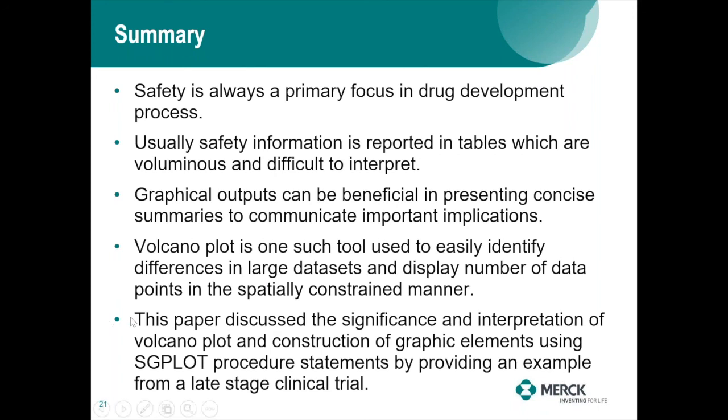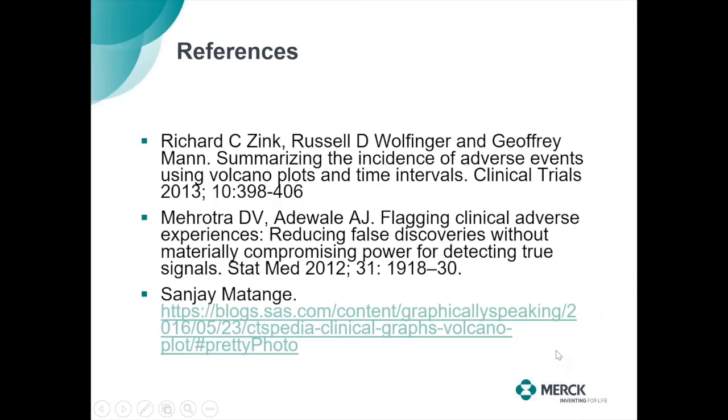In this paper we discussed the significance and interpretation of the Volcano plot and how to construct it using ST plot, by providing an example from a late stage trial. So these are the references.